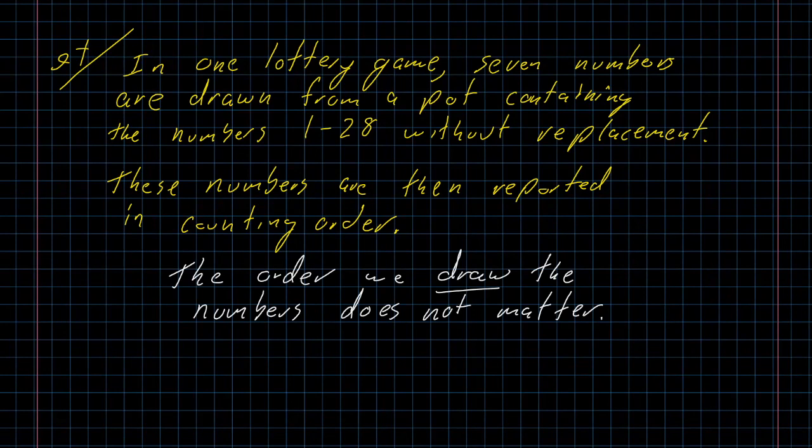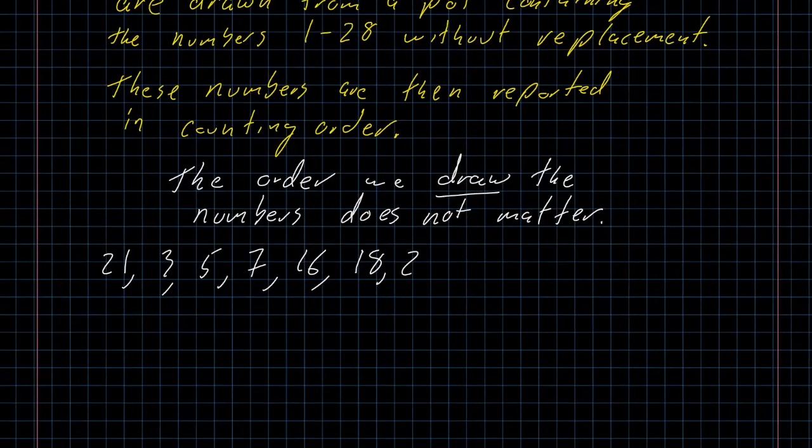If we draw the numbers 21, 3, 5, 7, 16, 18, and 2, these numbers are going to then be reported in counting order: 2, 3, 5, 7, 16, 18, 21. That's the same lottery result. It doesn't matter what order we draw the numbers in, because whatever order we draw them in, we are going to shuffle them around before we report them.